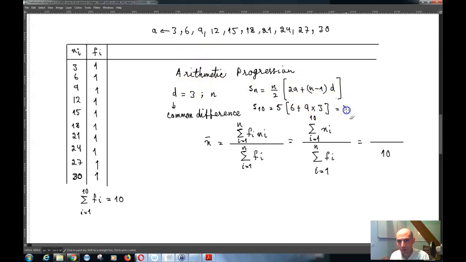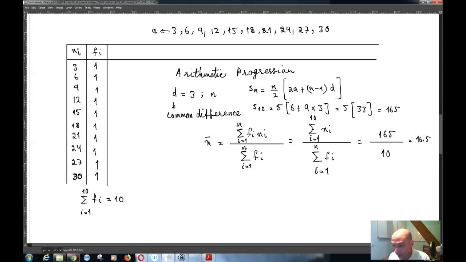So you have 5 times 27 plus 6, which is equal to 33, so you have 5 times 33 is equal to 165. So the sum of these numbers is 165.